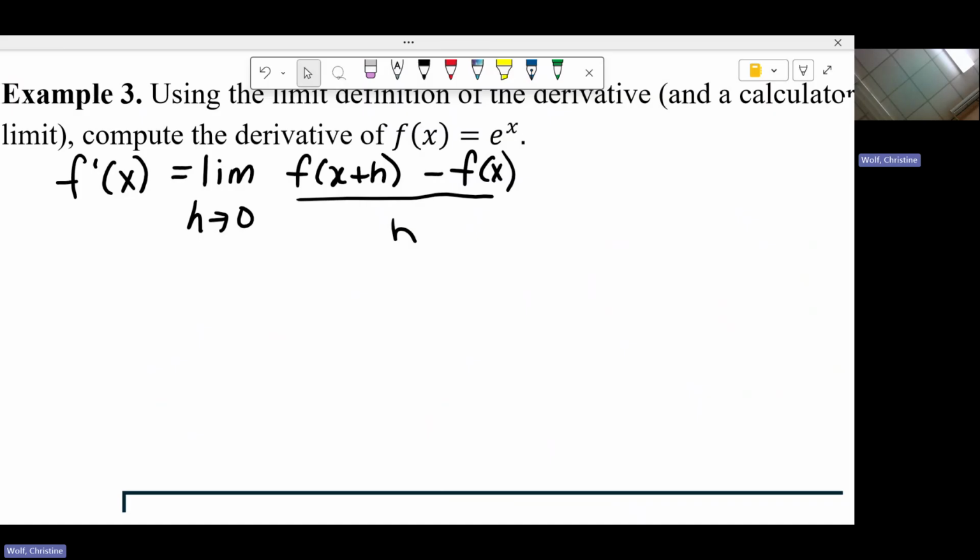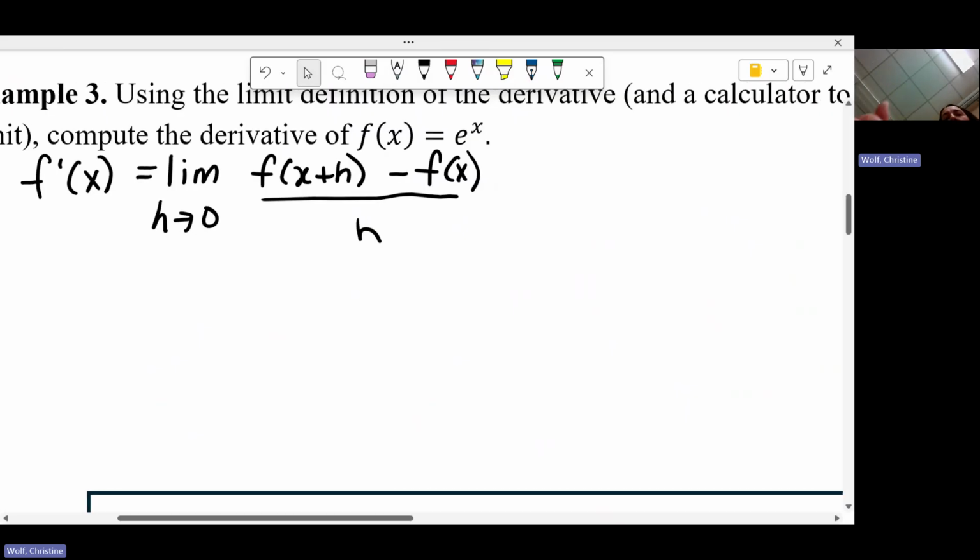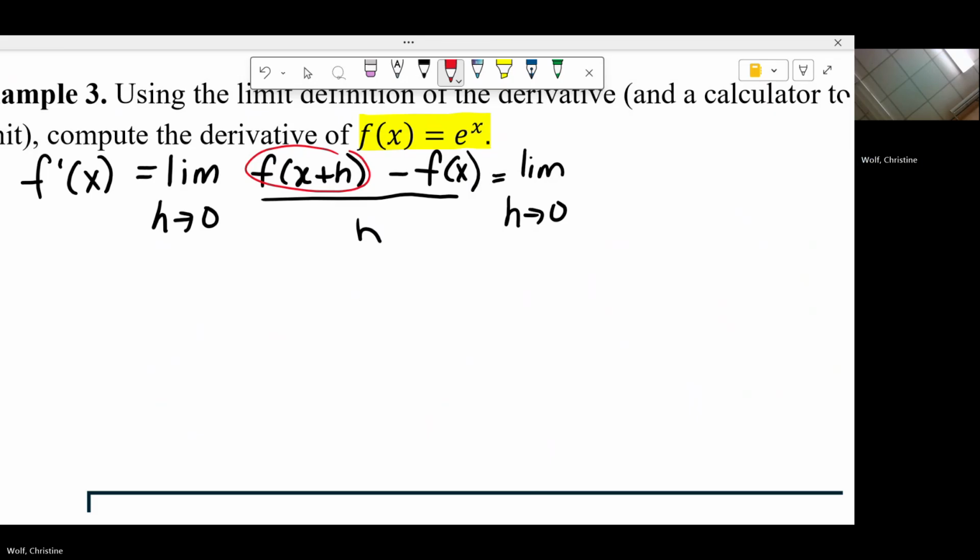Okay? All right. So let's plug in. We are trying to find the derivative of this function right here. So when I rewrite this, I again have the limit as h approaches 0. And now I plug in my function at x plus h.